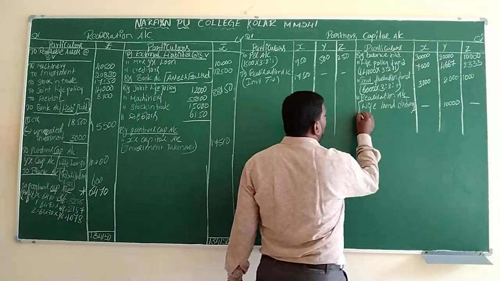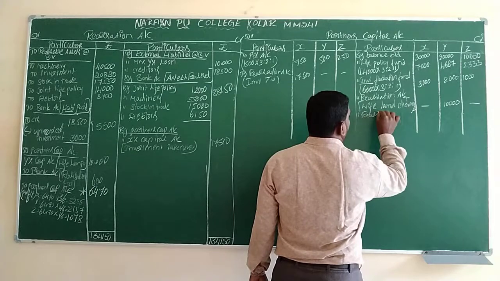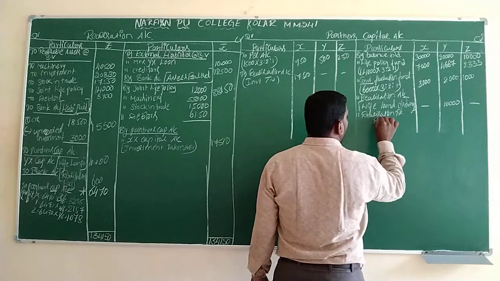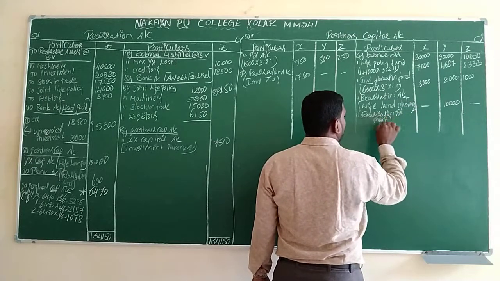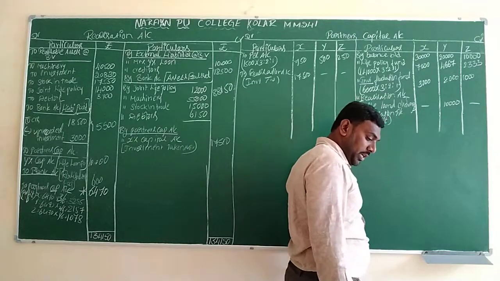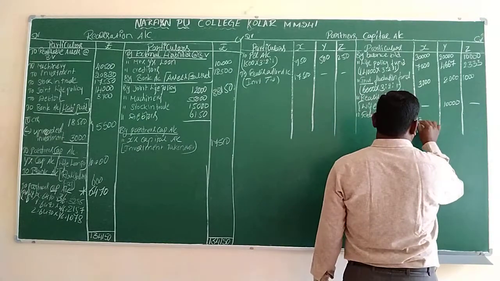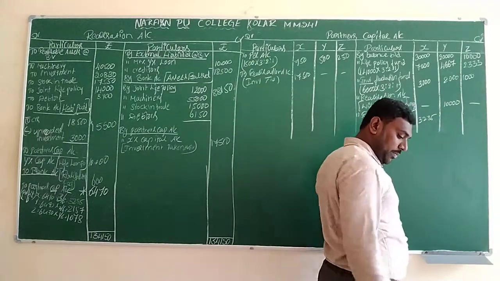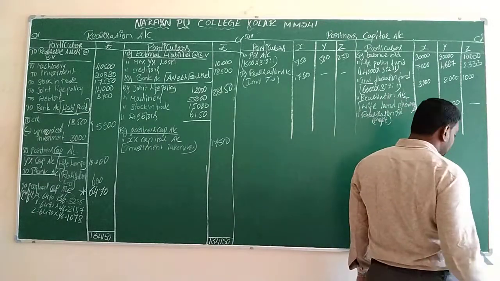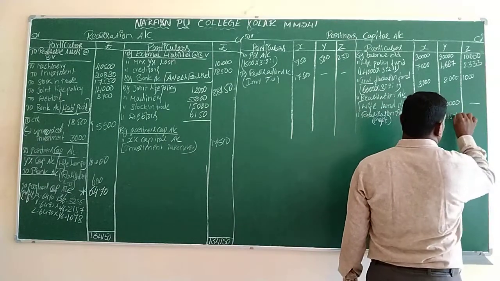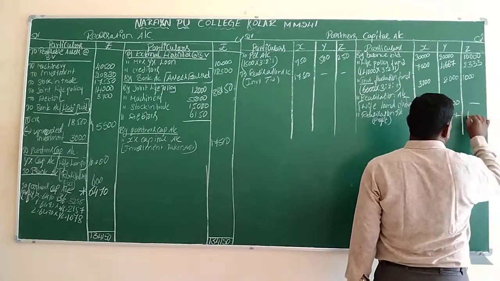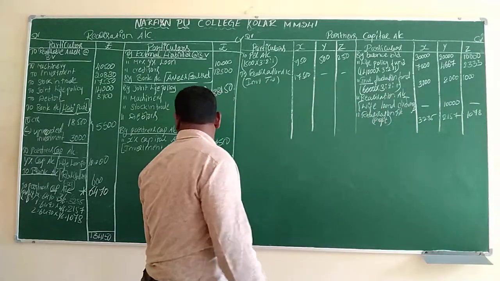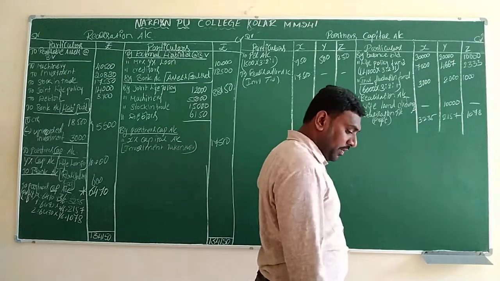So by realization account, bracket profit. The profit already distributed here, 43,235 sorry, 235. Second partner's 2,157 and the third partner 1,078. Therefore, we have to get exactly the values of this one.